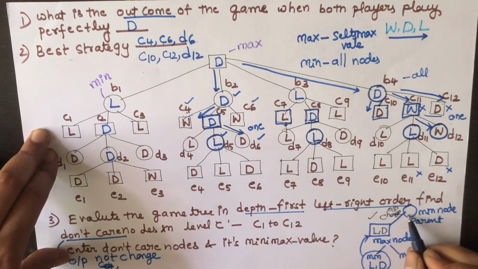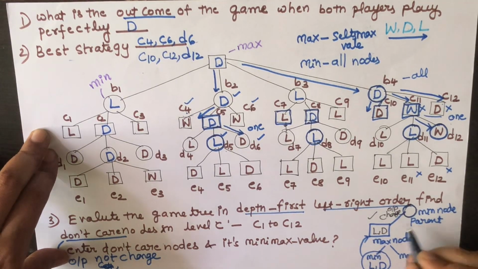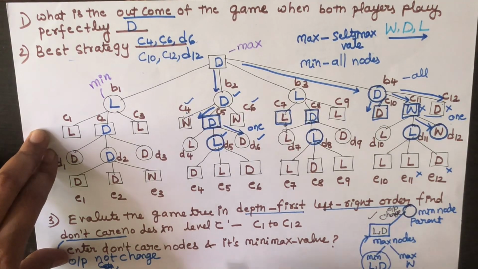Loss and D are minimum values, and the parent is also a minimum node, so only these change the output. And the other children do not affect it.